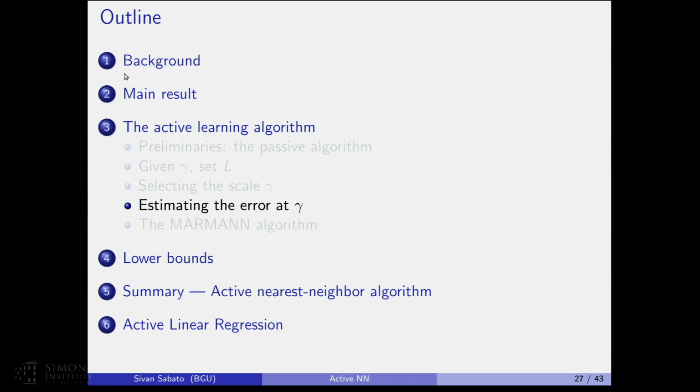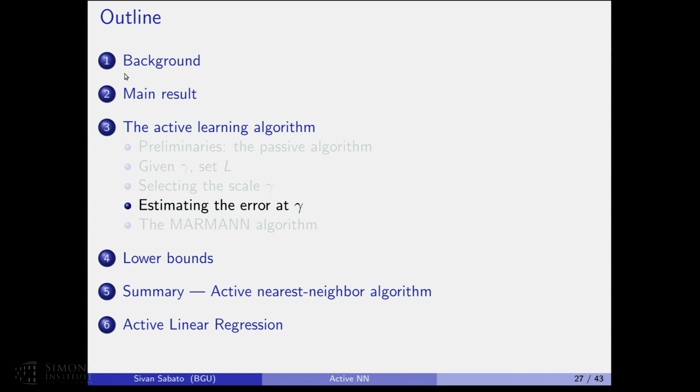There is still one thing missing, which is how do you estimate this sample error at gamma? And this is also non-trivial because I'm not actually going to build the entire gamma net for each scale. I don't want to do that. This will just cost me too many labels.